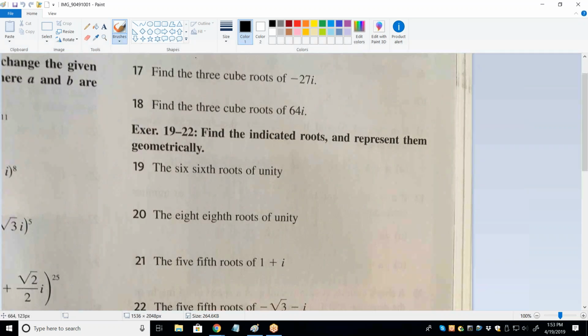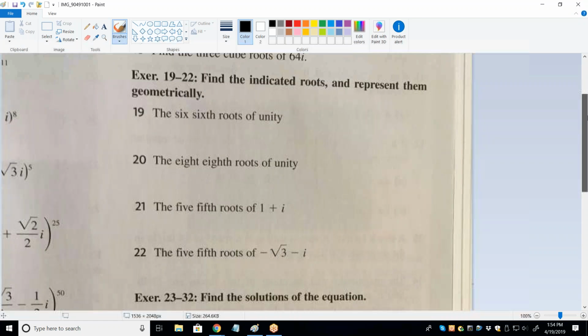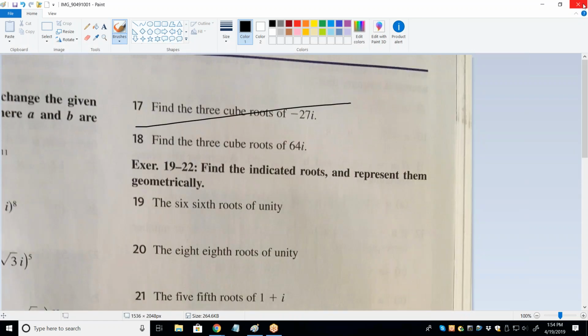Let's look at this one right now. Oops. I meant to do that. Hold on. Three cube roots of negative 27i. Okay, let's talk about this.